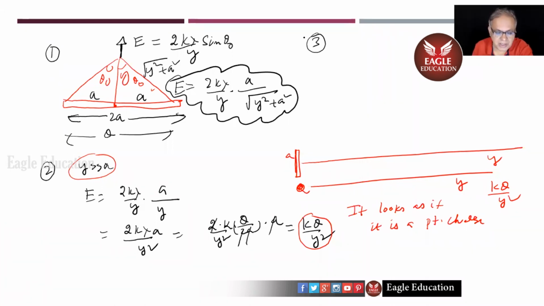For an infinitely long line charge, could you tell me what will happen?